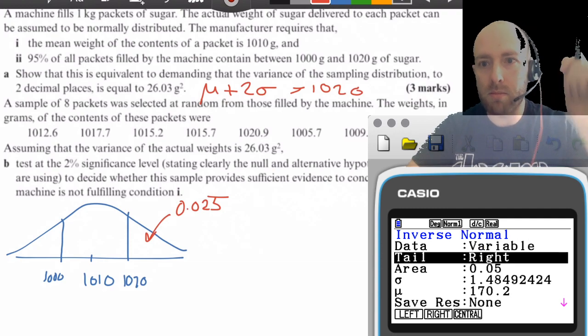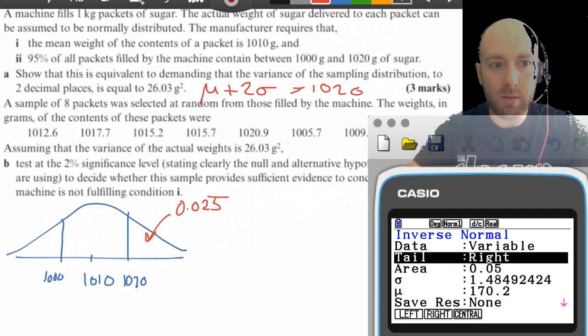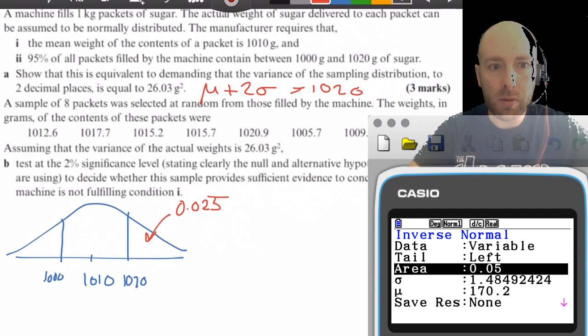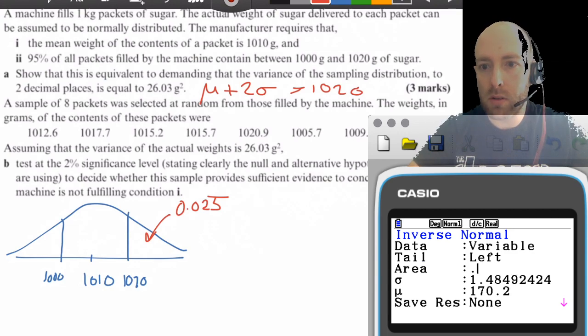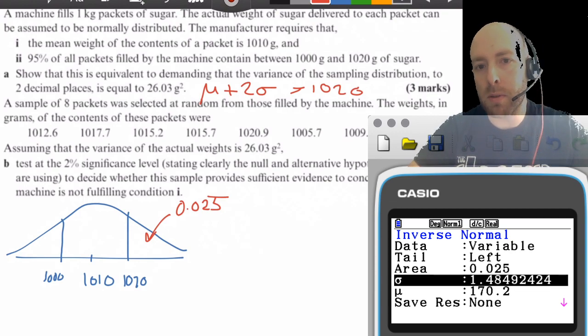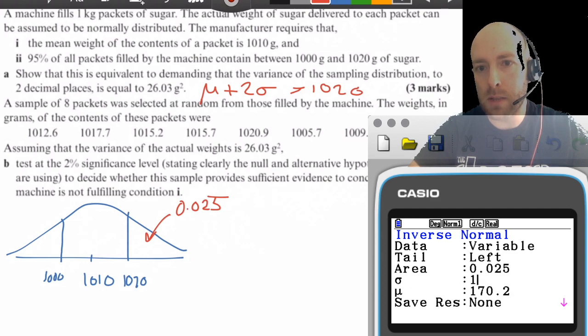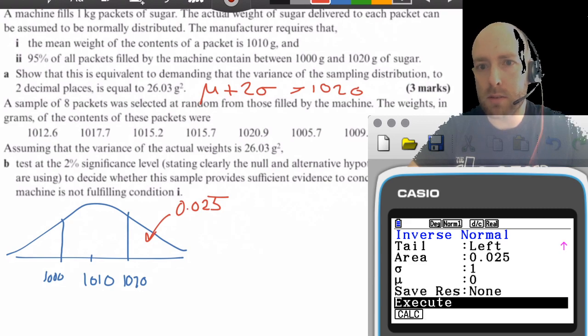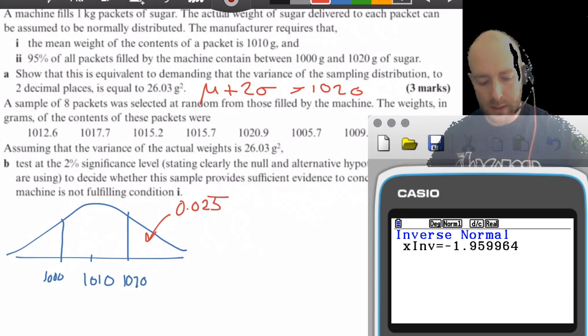We'll go for the left because I think that's what everybody can do. Left, please. And 0.025 is what we want this time. Sigma, we don't know sigma, so sigma is going to be 1 for our standard normal, and mu is going to be 0 for our standard normal. Execute. You get Z is minus 1.96.